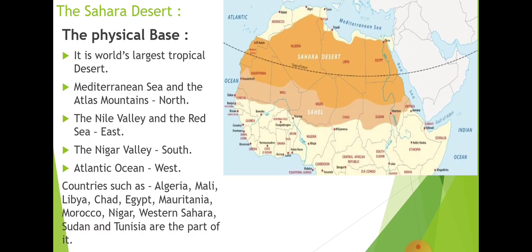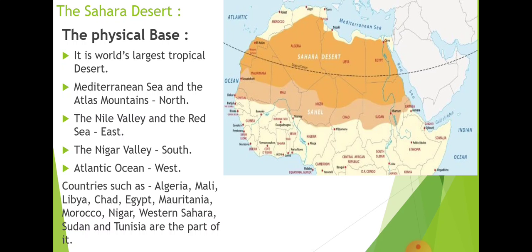There you can see in the map, on the north side, the Mediterranean Sea, though the Atlas Mountain is not in the picture. The Nile River you can see, and also the Red Sea in the east. The Niger Valley is in the south, created by the river Niger.